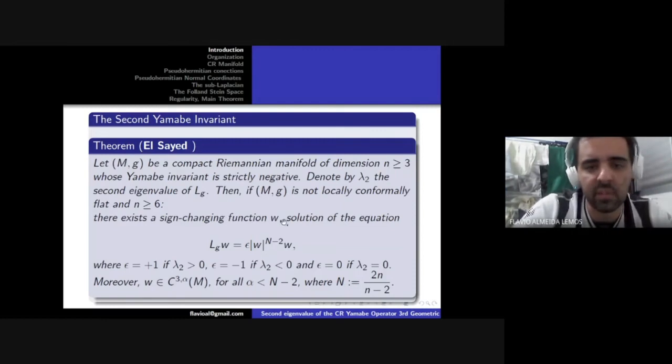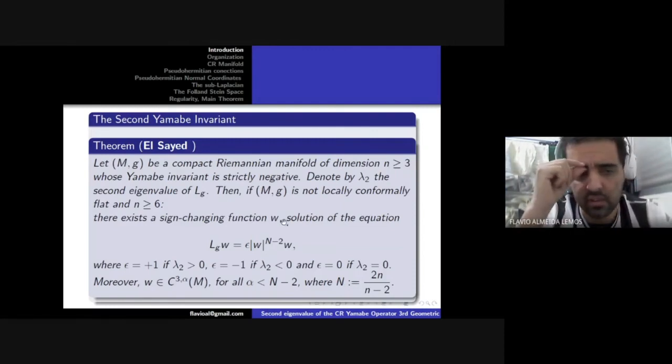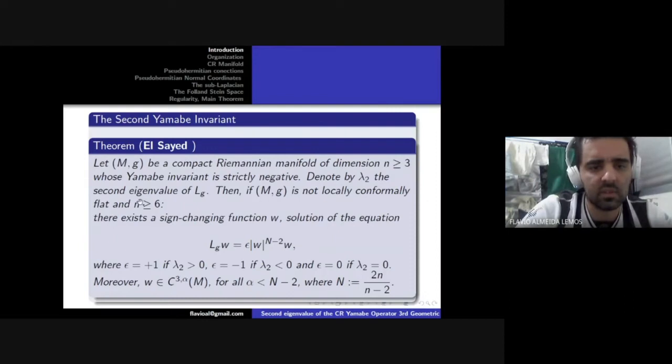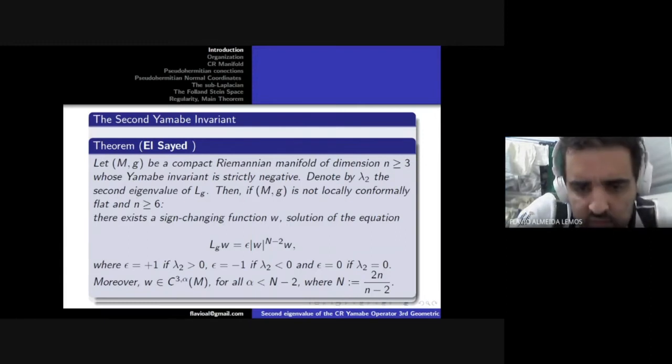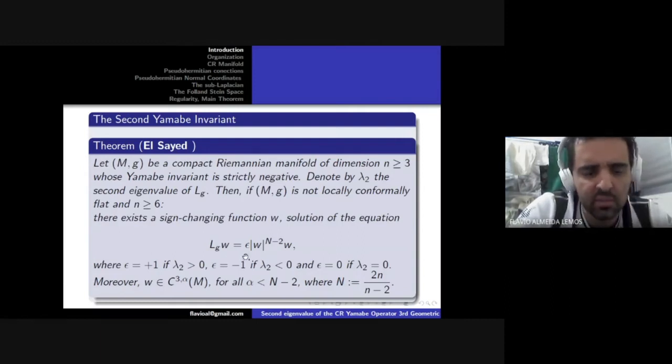Then, if (M, g) is not locally conformally flat and the dimension satisfies this inequality, there exists a sign-changing function W, solution of the equation, where epsilon is plus 1 if lambda 2 is strictly positive, minus 1 if lambda 2 is strictly negative, and 0 if lambda 2 is 0.